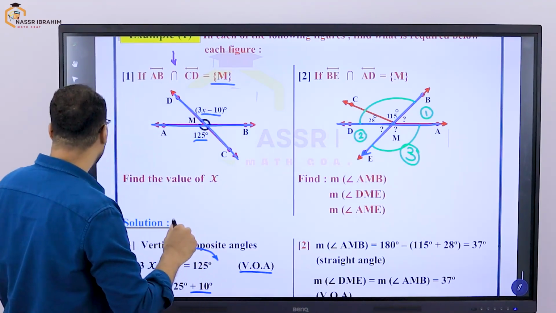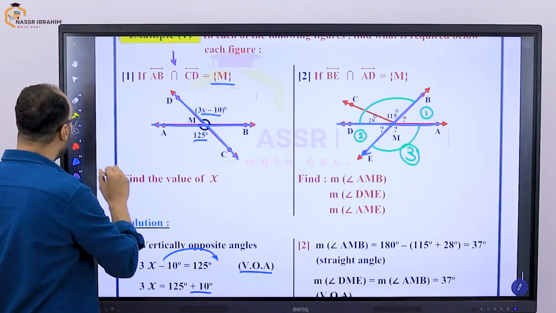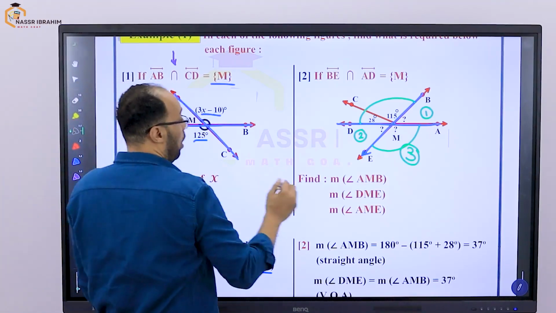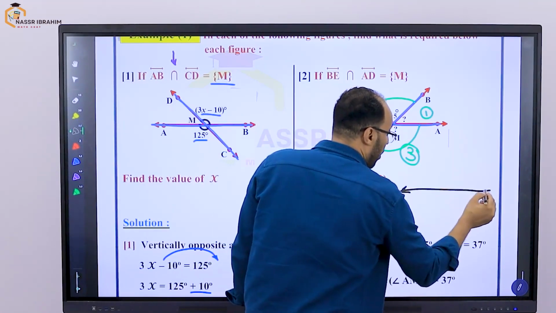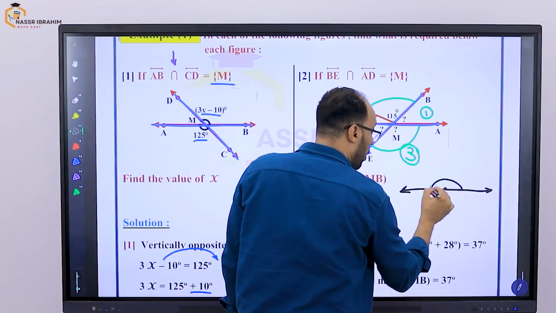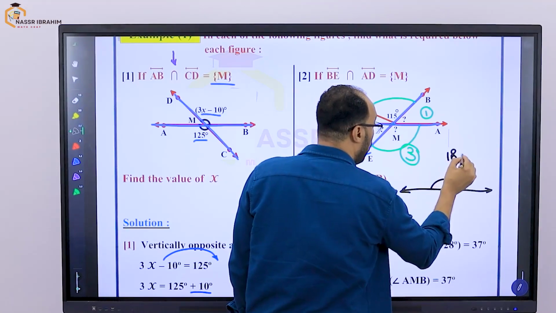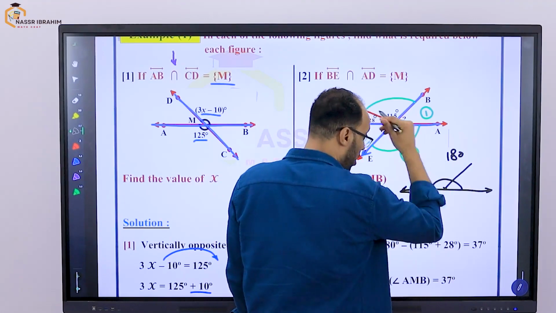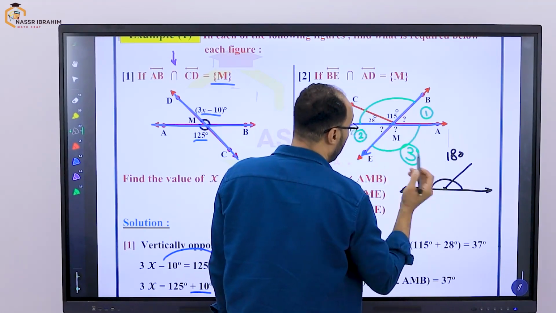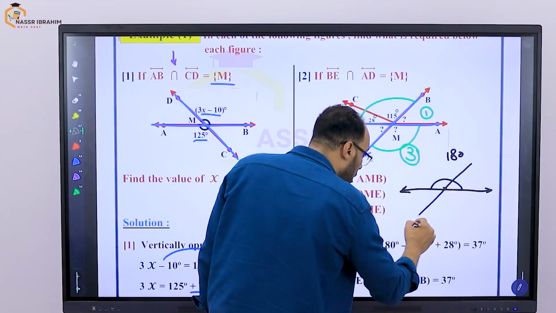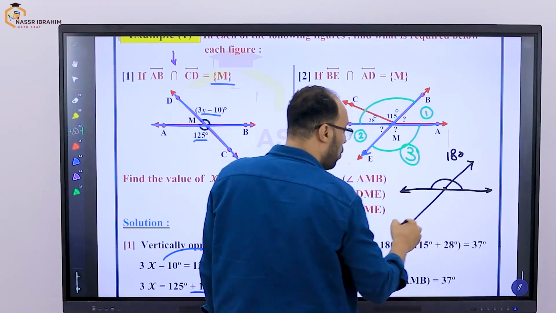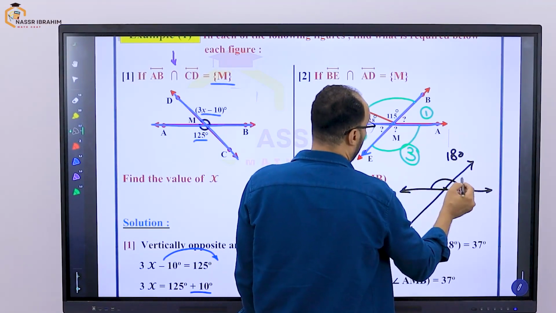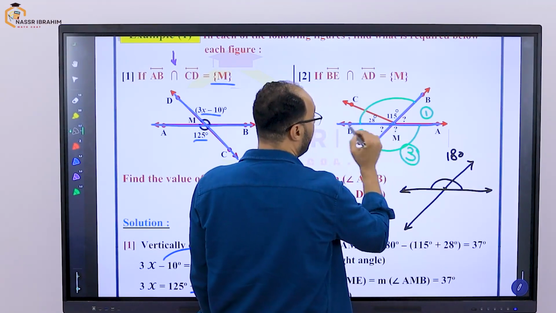First of all, I'd like you to remember that if we have a straight line, the angles in the upper part, their measure will be 180 because they are supplementary angles. So their sum will be 180. If you extend this line in this way, here we have 115 plus 28.